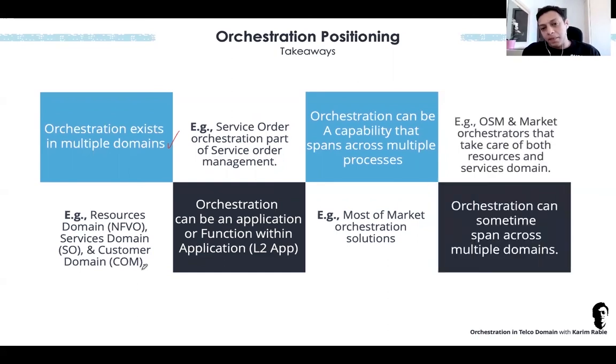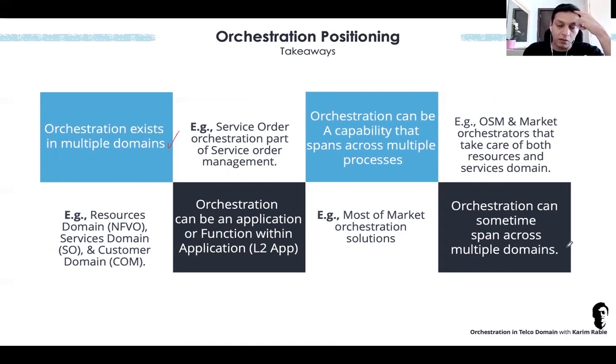And the last thing, and that's interesting: we said that orchestration exists in multiple domains and spans across multiple processes, but also some market solutions provide orchestration that spans across multiple domains. For example, you can find one orchestrator taking care of the resources domain, also having capability on the service domain. And that's very common in some of the market solutions.